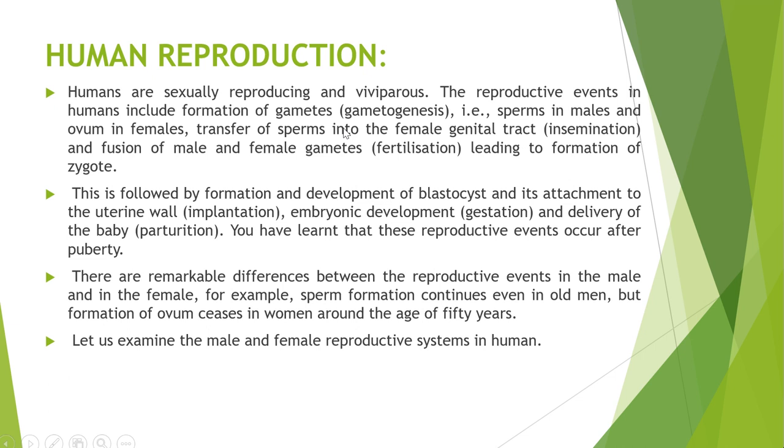The second phase in human reproduction is insemination. Insemination means the transfer of sperms into the female genital tract. After insemination, there is fertilization. You all know that in fertilization there is a fusion of the male and female gametes, leading to the formation of a zygote.